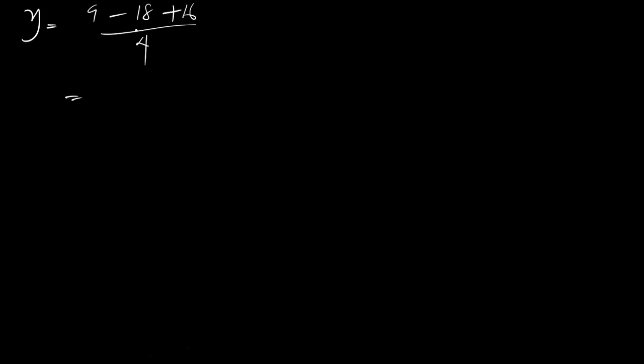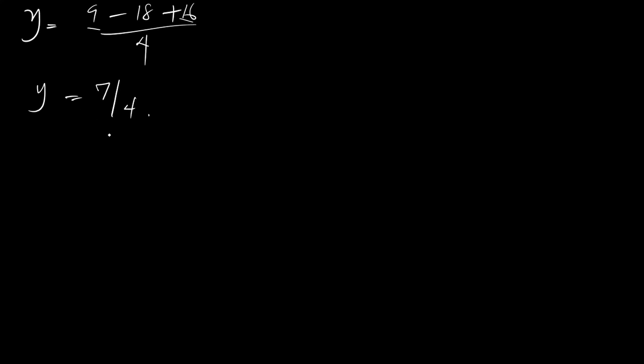So we have 25 minus 18, that's 7 all over 4. Y is 7 all over 4.